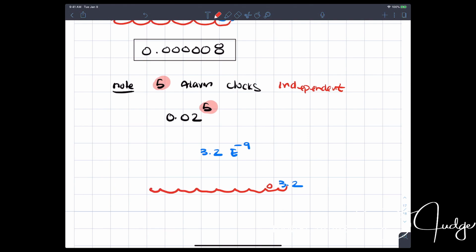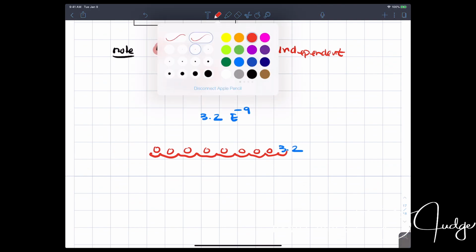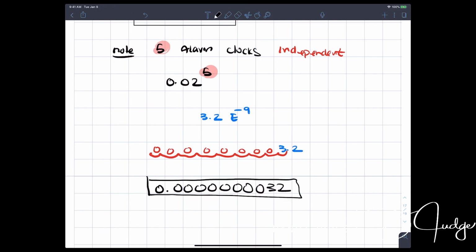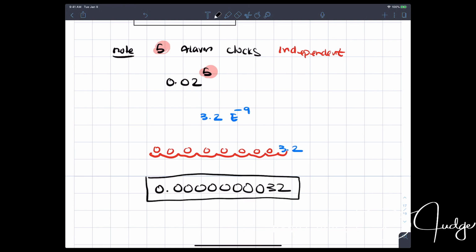So I got 1, 2, 3, 4, 5, 6, 7, 8 zeros. 8 zeros there. 0.1, 2, 3, 4, 5, 6, 7, 8, followed by a 3, 2. And let's put a nice box here today.